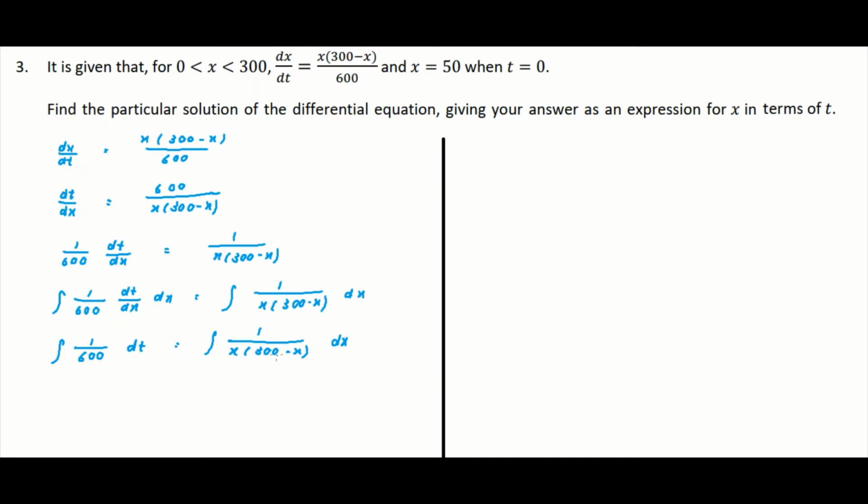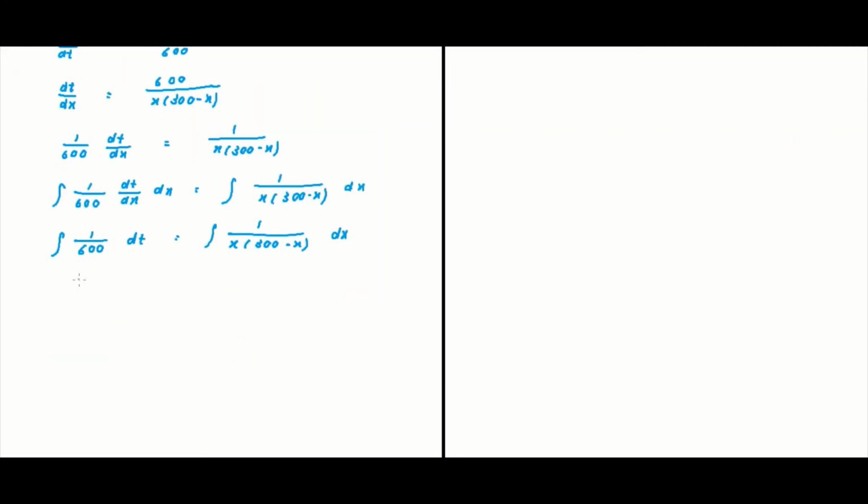Then after that, how about this part? If you can recall, you need to use partial fractions. So before we move on, you might need to do your partial fractions first. So 1 over x(300 - x) will be equal to A over x plus B over (300 - x). Okay, so 1 equal to A(300 - x) plus Bx.